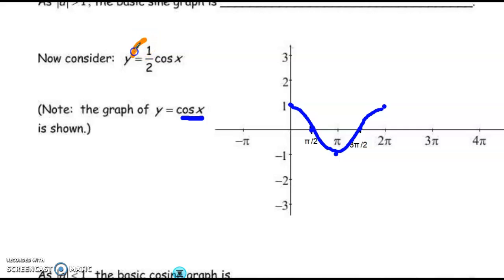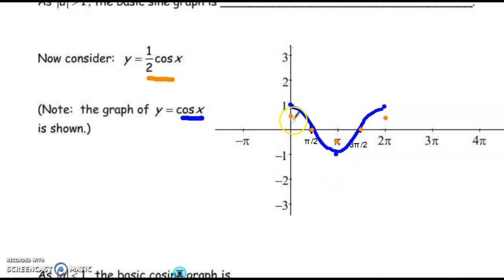Okay, now we're going to graph this 1/2 cosine. Again, we're doing a cosine curve. So, instead of going up to a 1, we only go up to a 1/2. Crosses, goes low only to a -1/2. Crosses, and only goes up to a 1/2.